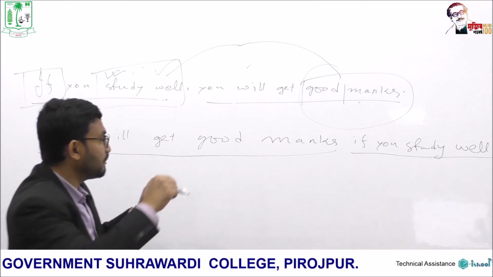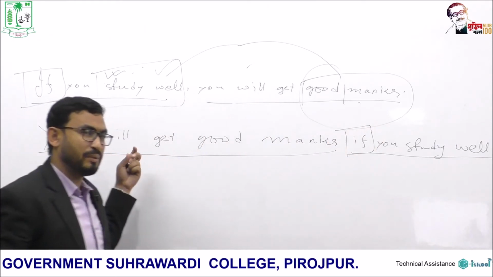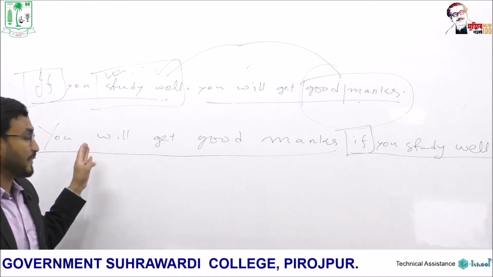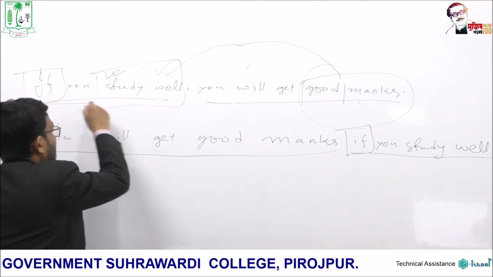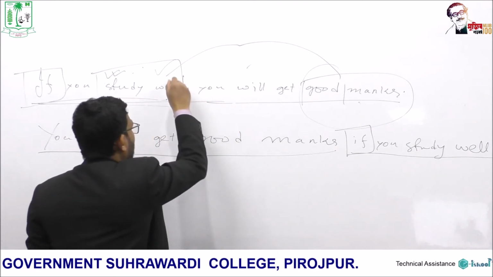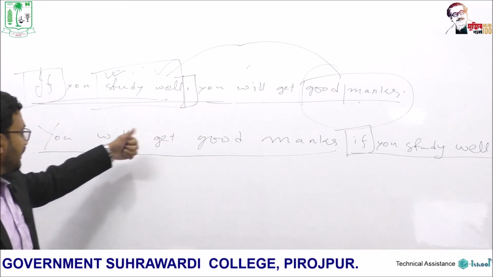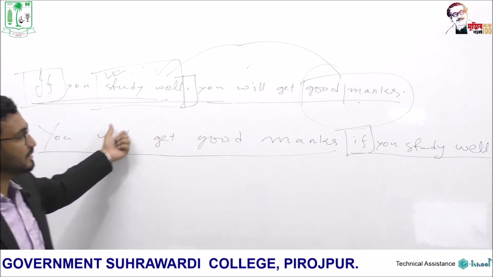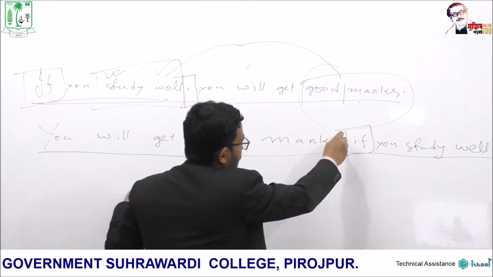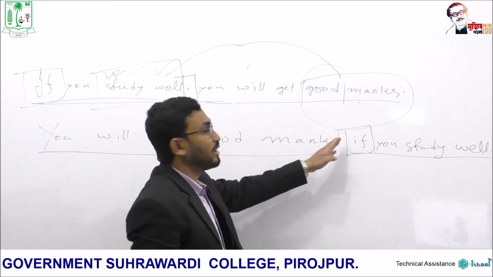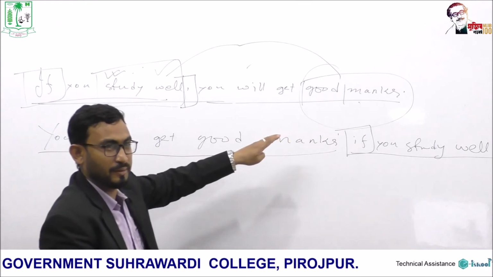When you write the principal clause first and the subordinate clause later, look at the first sentence: between the principal clause and the subordinate clause, we have given a comma. But when you write the principal clause at the beginning and the subordinate clause at the end, you should not put a comma between them. That is the basic difference of the reverse position.